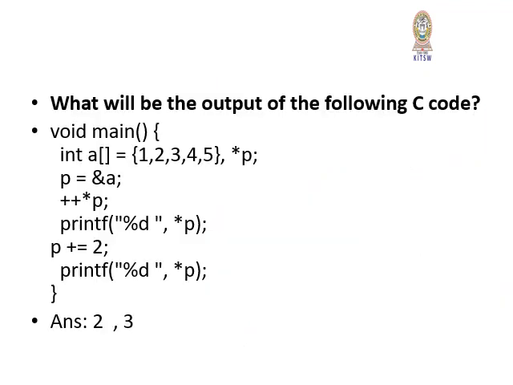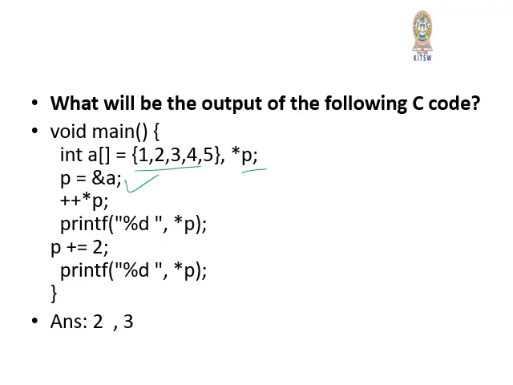Now what will be the output of the following C code? Here we have an array a equal to 1 2 3 4 5, and we have star p equal to address of a. When we write plus plus star p, we are pre-incrementing this particular value.